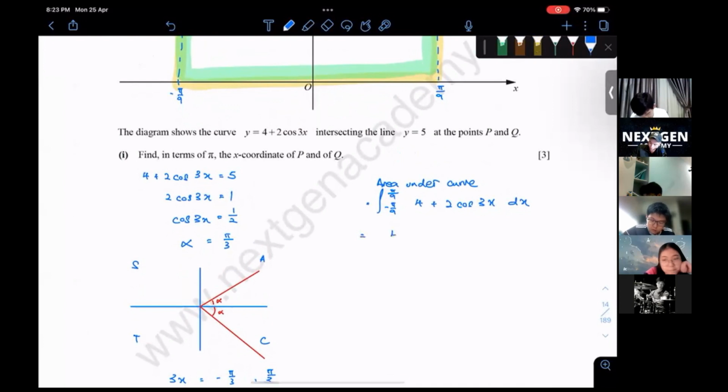You'll get 4x, and then this will be plus 2 over 3 sine 3x, from negative pi over 9 to pi over 9.